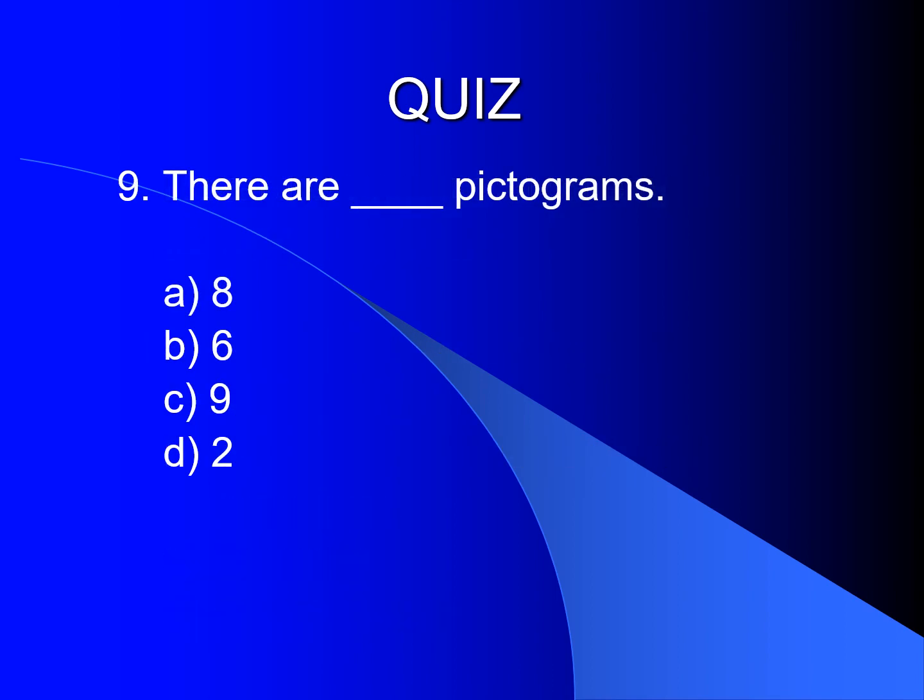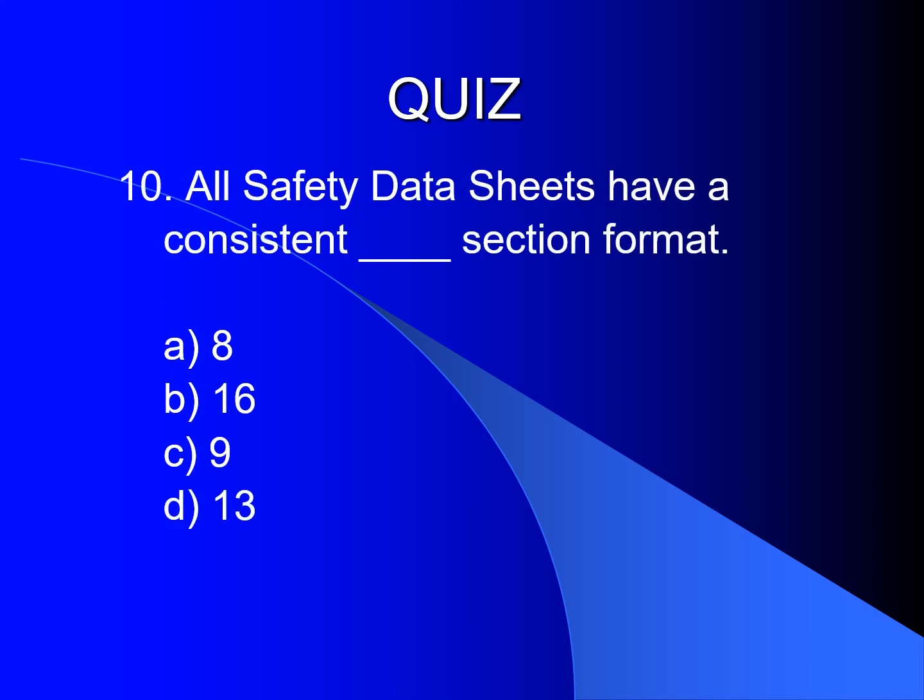There are blank number of pictograms. A, 8, B, 6, C, 9, or D, 2. And the final question 10, all safety data sheets have a consistent blank section format. A, 8, B, 16, C, 9, or D, 13. This ends the quiz portion of the training.